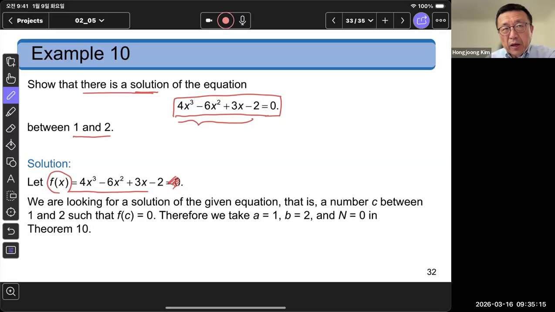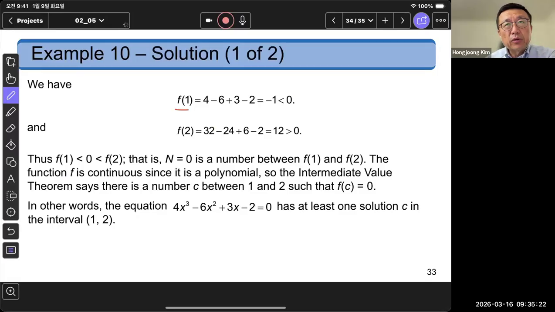Now, if I evaluate my function f at 1, then the value is -1, which is negative. And the function value at 2 is 12, which is positive.